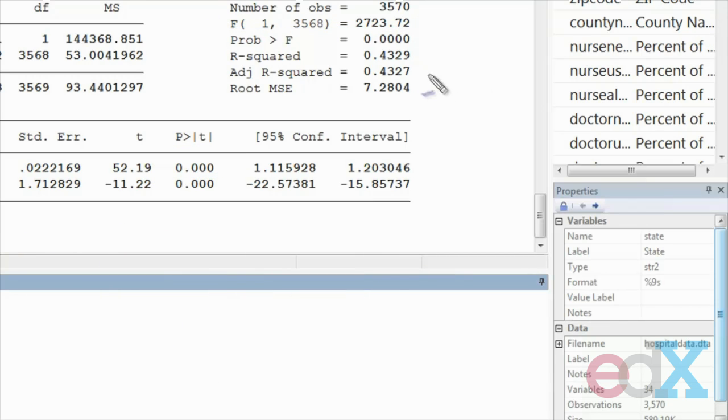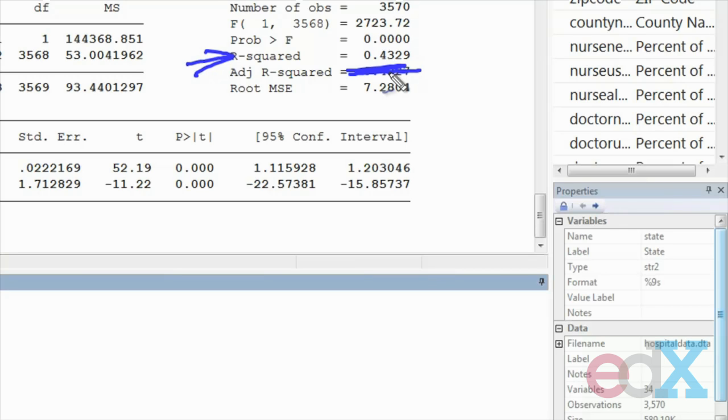Next, to examine the amount of variability explained by my covariate, I can look at the R-squared. For this model, my R-squared is equal to 0.4329. R-squared is known as the coefficient of determination, and in this example, it tells us that 43% of the variability among the observed values of recommend yes, the outcome, is explained by the linear relationship with nurse always.